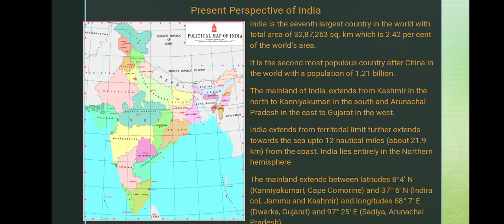The mainland extends between latitude 8 degrees 4 minutes north, that is from Kanyakumari, Cape Comorin, and 37 degrees 6 minutes north, that is the Indira Col situated in Ladakh, and longitude 68 degrees 7 minutes east, Dwarka, Gujarat, and 97 degrees 25 minutes east, Sadiya, Arunachal Pradesh.